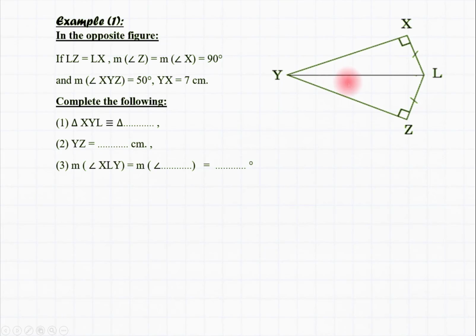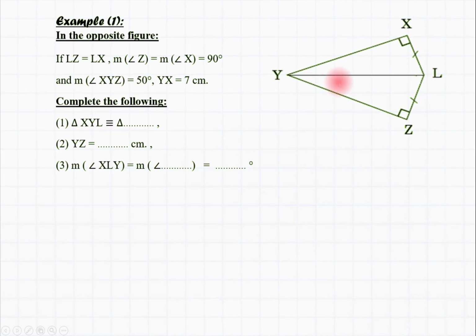Example number 1: if LZ equals LX, and the measure of angle Z equals the measure of angle X, which equals 90 degrees, and the measure of angle XYZ equals 50, the measure of angle Y equals 50 degrees, and the length of XY equals 7 cm.